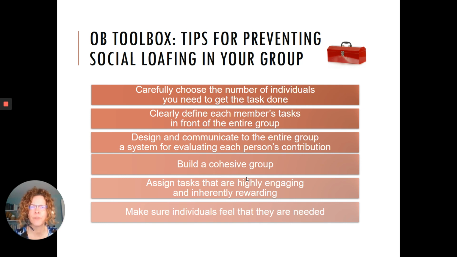Be sure to clearly define what each person is supposed to be doing in front of everyone so everyone knows exactly who's doing what, who's responsible for what. Design and communicate to everyone a system for evaluating each person's contribution. So you're not just looking at the group outcome, the group performance, but also what each individual is doing. With all of that in mind, also work on building a cohesive group, and we talked about what that takes.